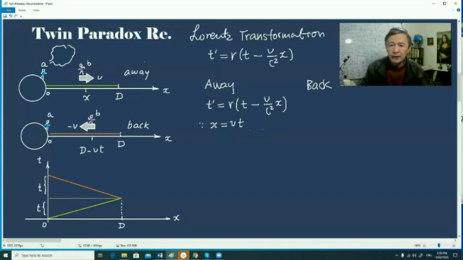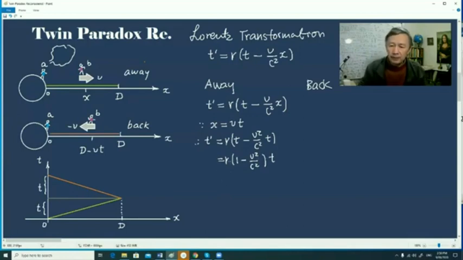clock. If we substitute this equation into the previous one, we obtain t prime equals gamma t minus v squared over c squared times t. If we factorize this, you will get gamma times (1 minus v squared divided by c squared) times t.